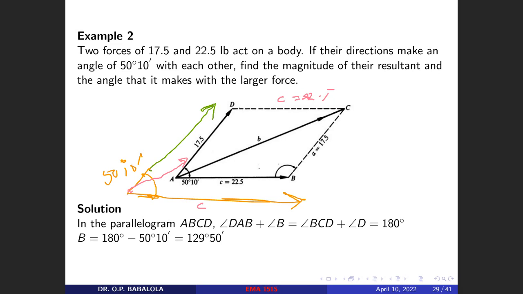What I'm saying is 180 minus D, I just want to write it in a clearer way for you. 180 minus D equal to BCD, angle C.